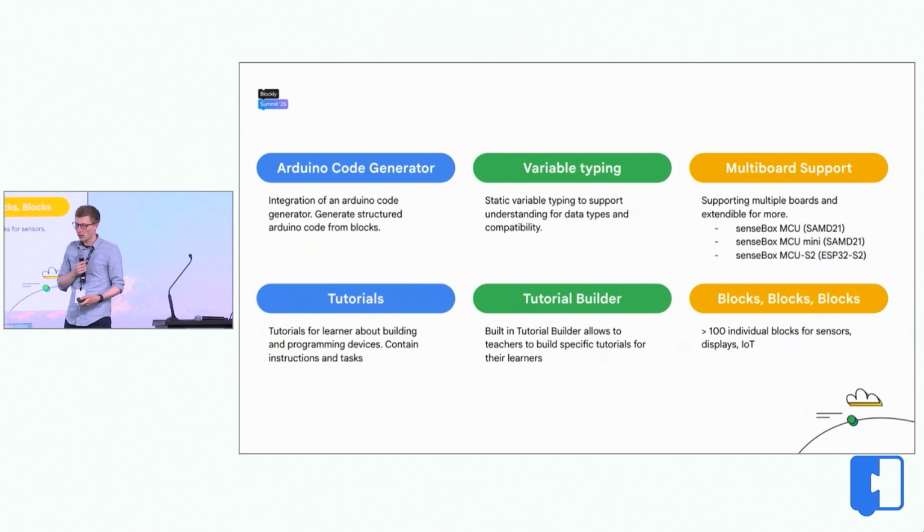And we have tutorials and the tutorial builder, which I will explain later. And we are eager to integrate new blocks all the time. So I already spoke with Evan from MIT about integrating new blocks, so that it's also possible to send data to a self-built app with the App Inventor.